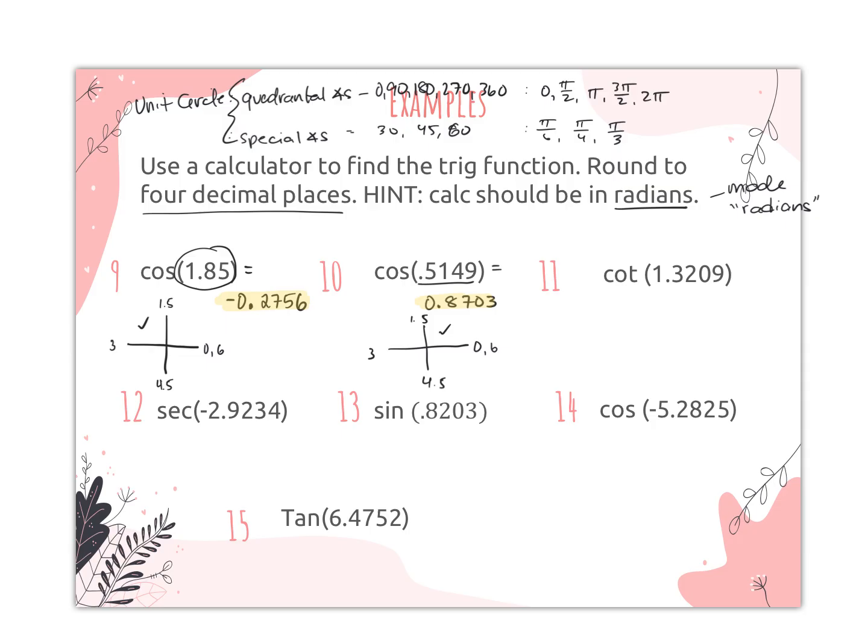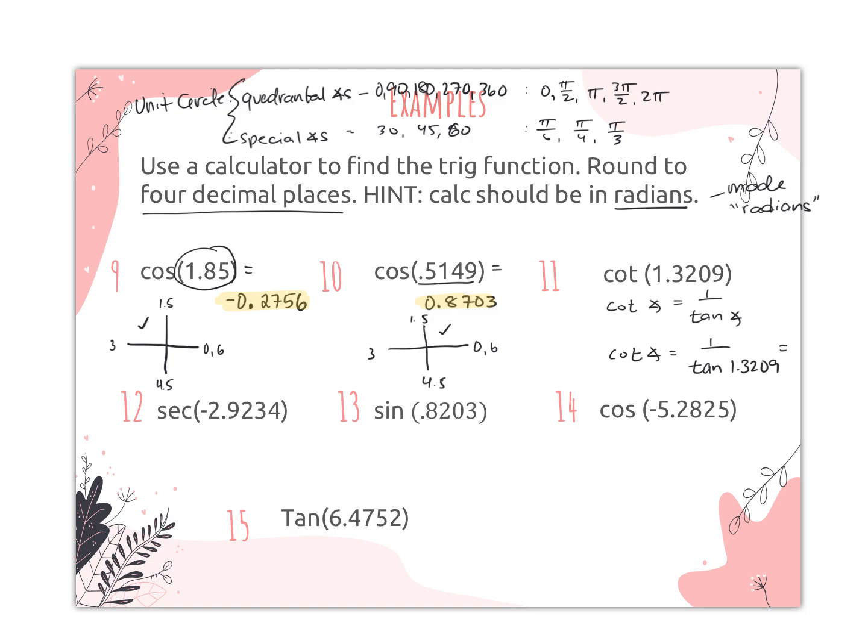Now, the cotangent, remember that the cotangent of an angle is the same as 1 over the tangent of that angle. So if I want the cotangent of this angle, it's going to be the same as 1 divided by the tangent of 1.3209.